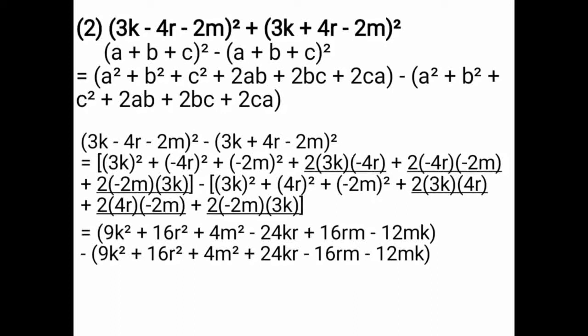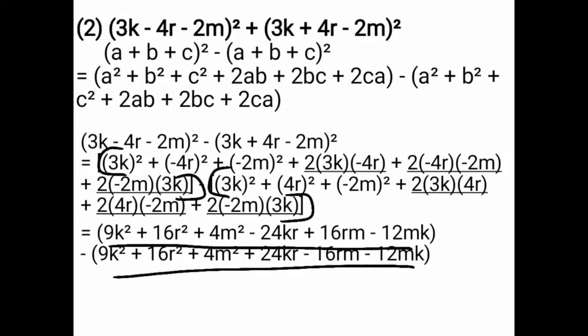I have solved the first bracket from here to here. Then after that I have solved the second bracket from here to here. In between minus sign is there. When you are doing, please check.